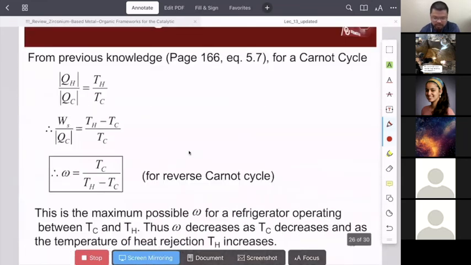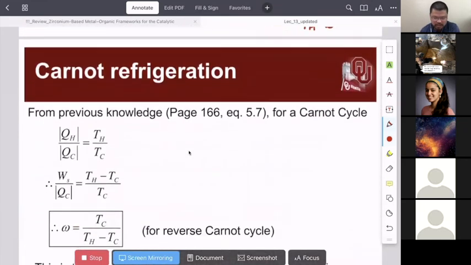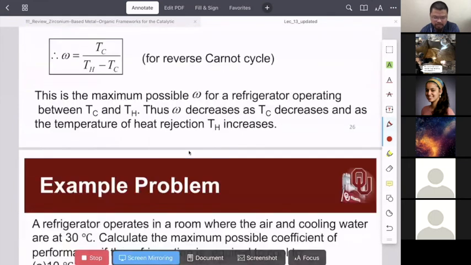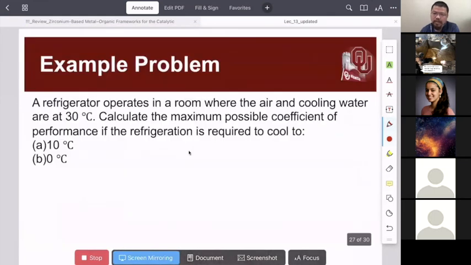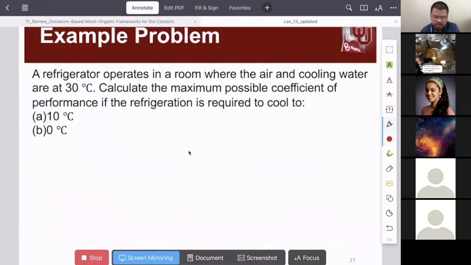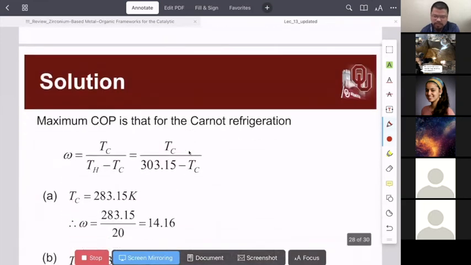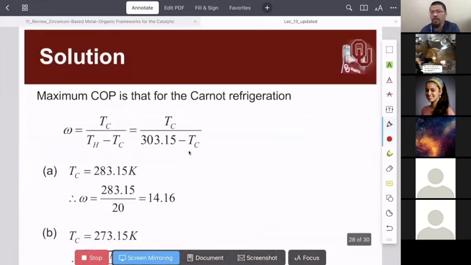Okay, so I have a simple example on the coefficient of performance regarding the Carnot cycle, and I think it's nothing special. If you realize what would be the equation, then just plug in those values and you will have it. We have a few minutes.